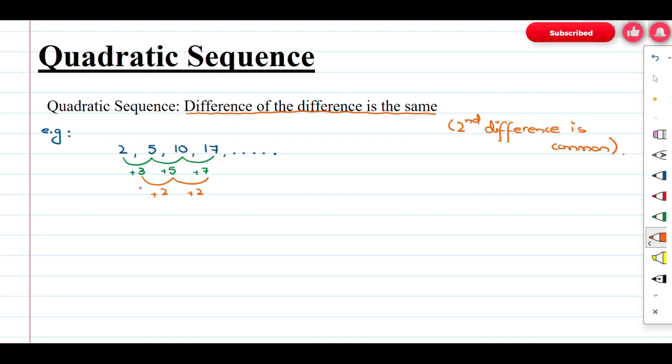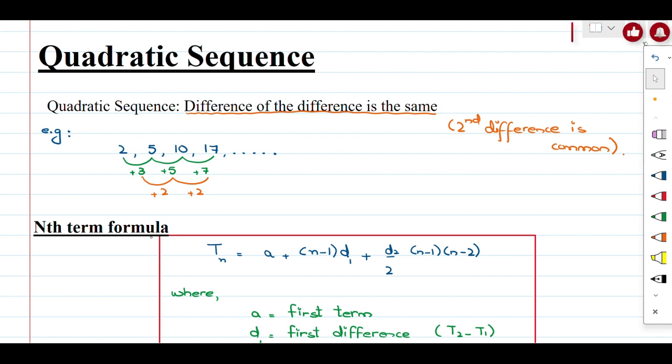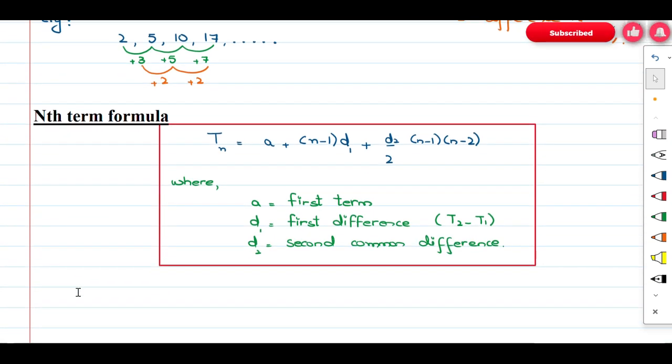Now, let me write down the nth term formula for the quadratic sequence. The nth term formula is Tn equals a plus (n minus 1) times d1 plus d2 over 2 times (n minus 1) times (n minus 2), where a is the first term of your sequence and d1 is your first difference, meaning the second term minus the first term.